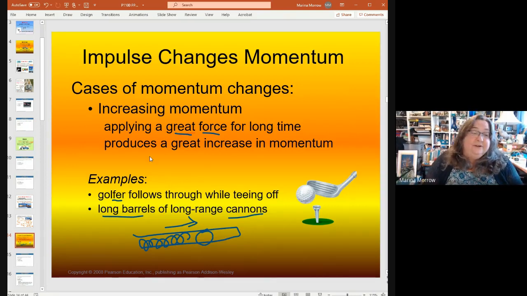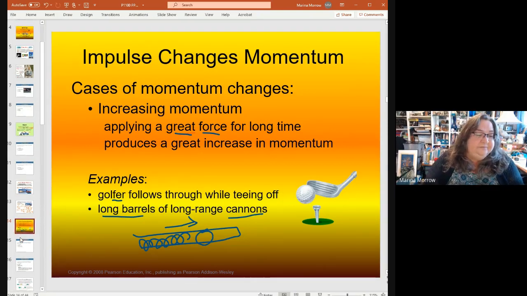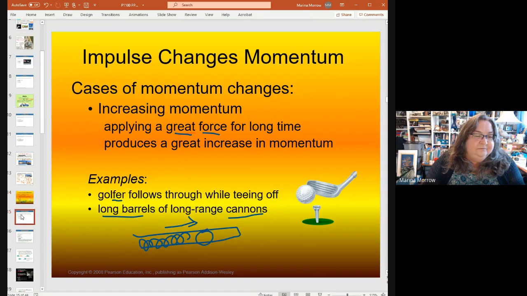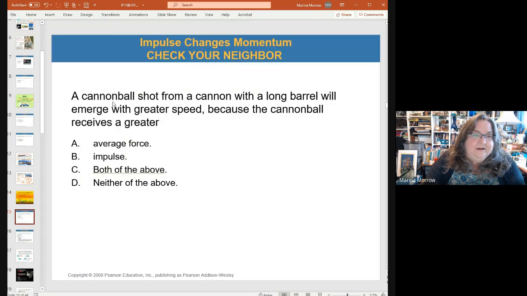And this is why rifles have faster speeds for their bullets than a short gun. Okay, so why does that work? Why does the cannon with the long barrel produce a cannonball that has a greater speed? Well, is it receiving a greater force, a greater impulse, both, or neither? And let's just think about that.